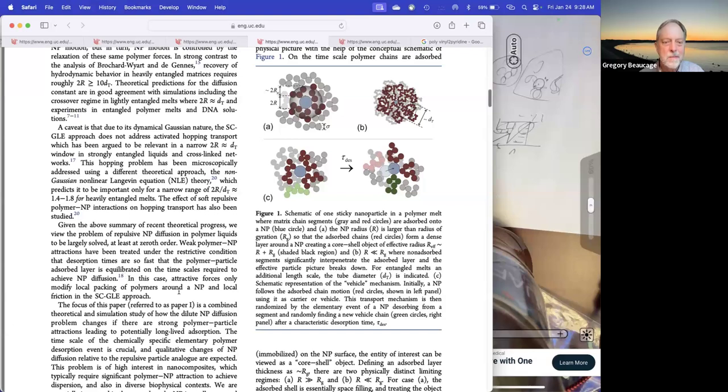And then the second part, what this paper is about, is when you have strong bonding between the polymer and the particles. And then he says depending on the size of the particle, molecular weight of the chains, the size of the chains, and the bonding interaction, you can get 4 different mechanisms going on.